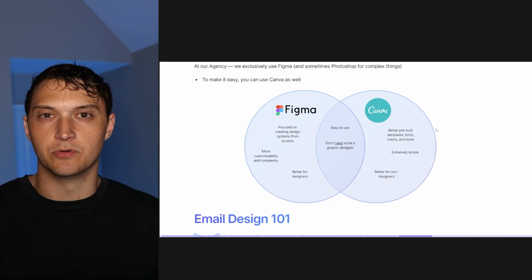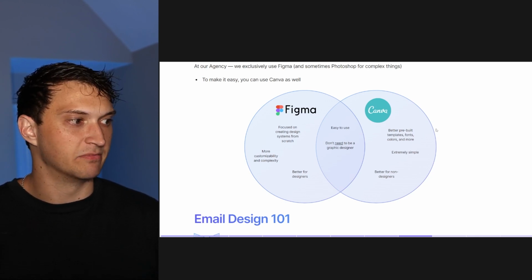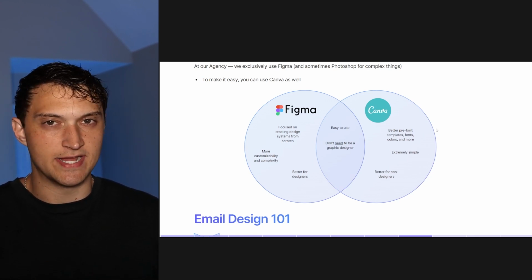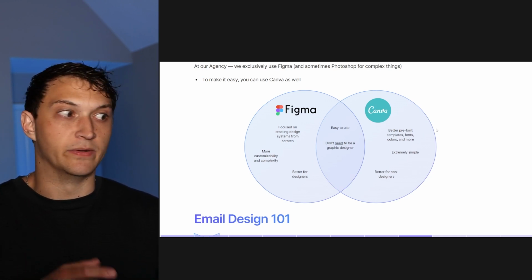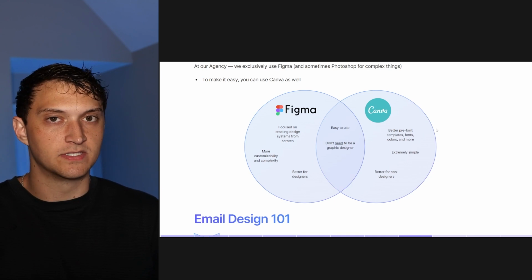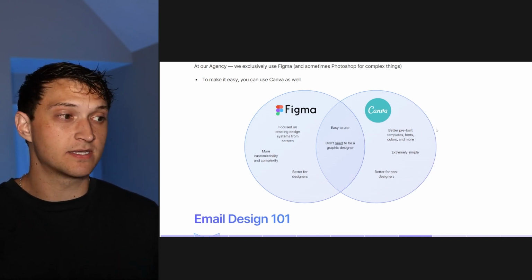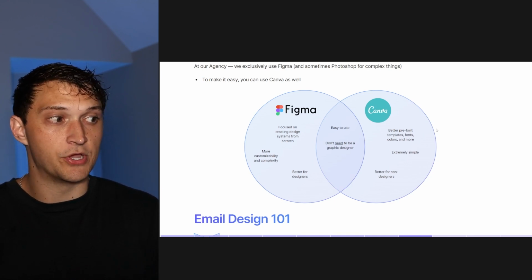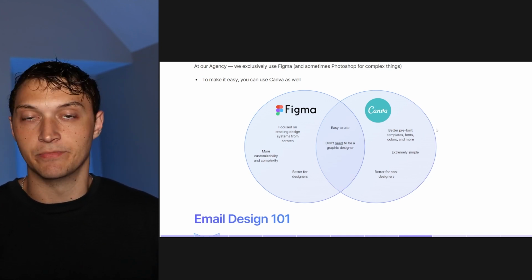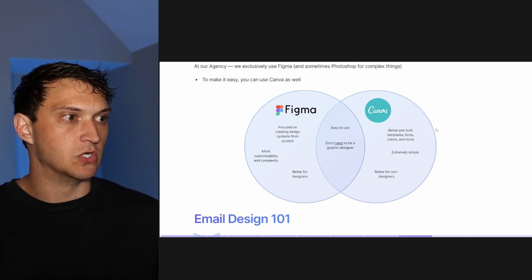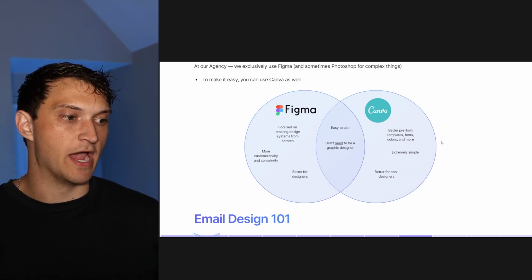Canva is super simple. It's great if you're starting out. I've used Canva before. It's great for non-designers, but again, it's very simple. A lot more focused on pre-built templates, pre-built fonts, colors, everything kind of in the box. Both of them, though, are easy to use. You don't need to be a graphic designer to use either of them. They're both very, very simple, so either one is totally fine.